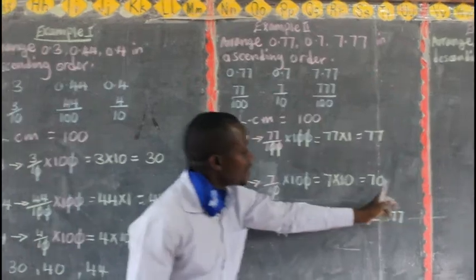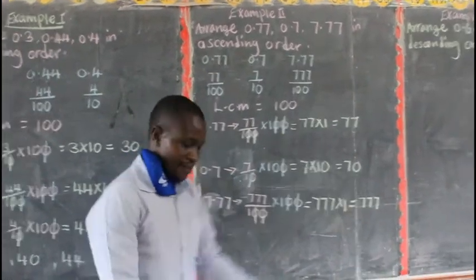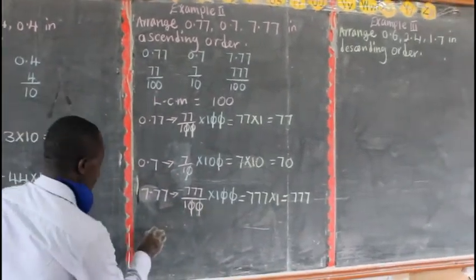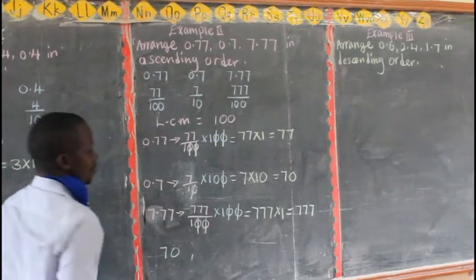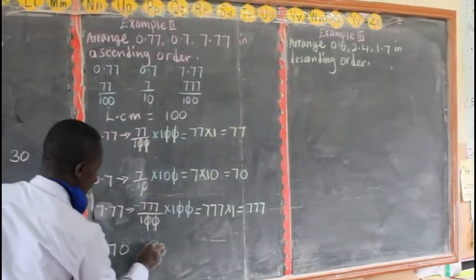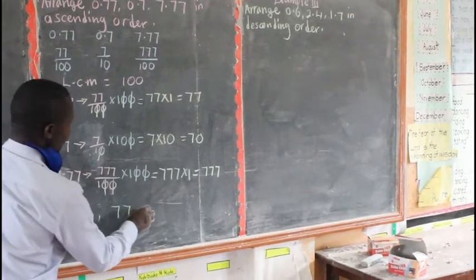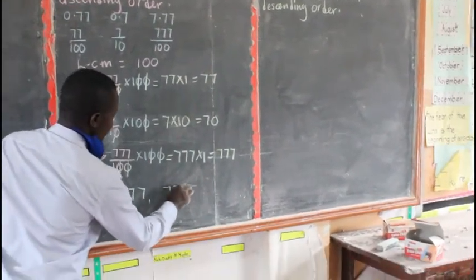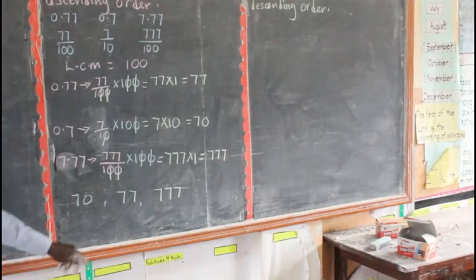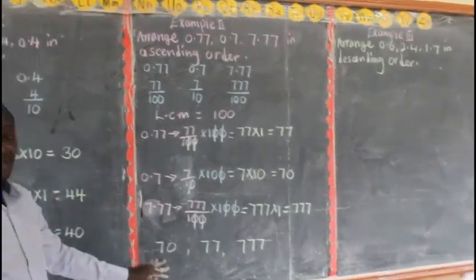Order means to arrange from the lowest to the highest. And here the lowest is 70. 70 here is the lowest. So you write 70, comma, followed by 77, comma, and lastly 777. But they have told us to arrange decimals.